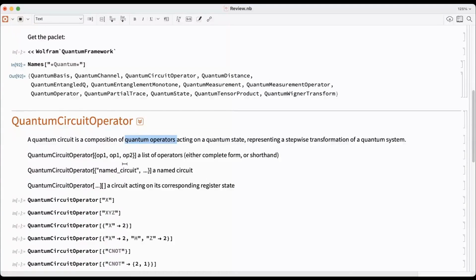How should we think about constructing a circuit in our framework? This is the most important pattern that you have to remember. You would start with your quantum circuit operator, and you give it a list of operators. So that's one approach. Another approach is that we have a collection of named circuits.